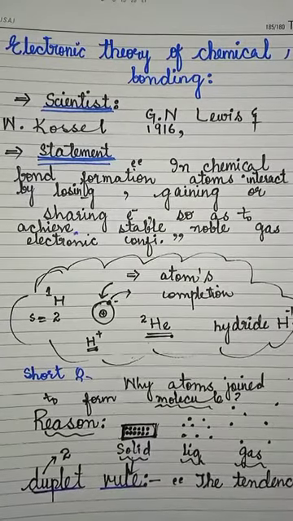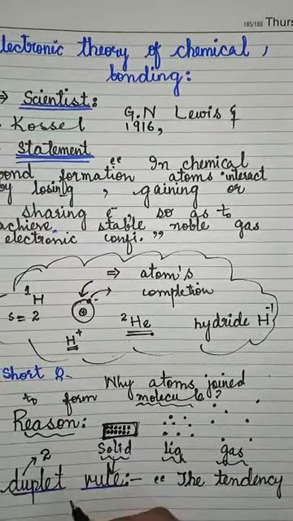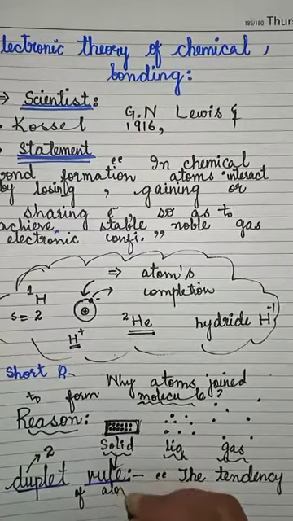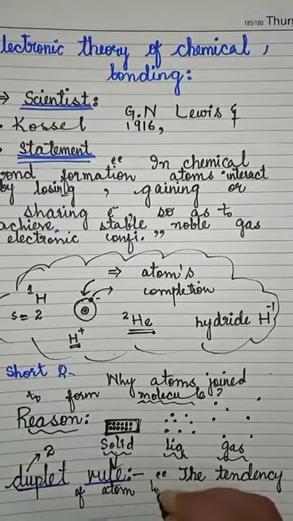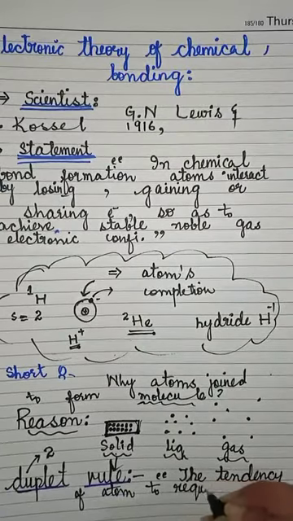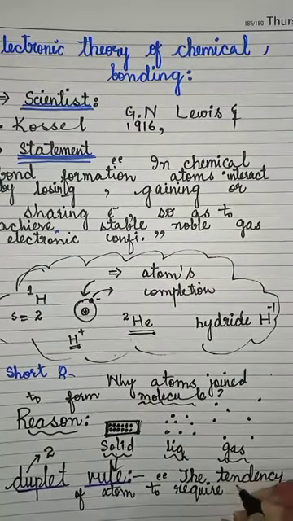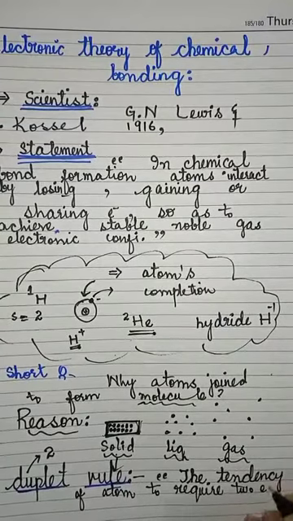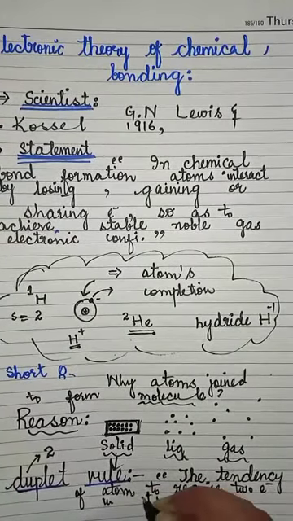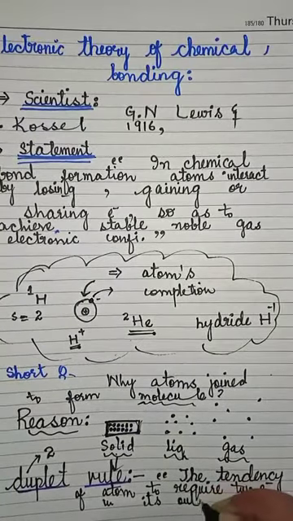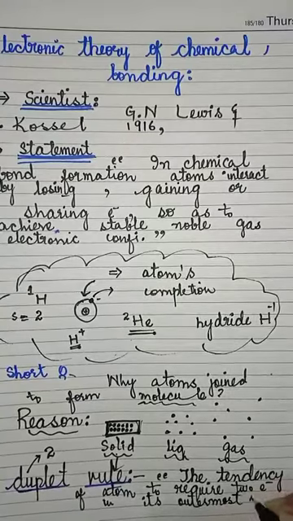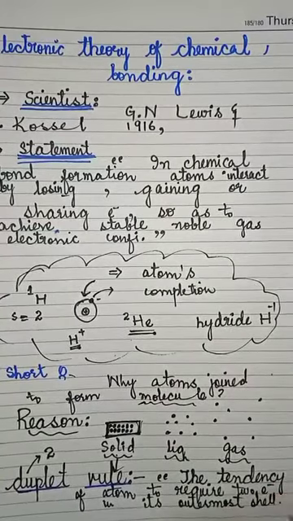The tendency or ability, whatever you want to write it as, the tendency of an atom to require 2 electrons in its outermost shell or the valence shell, right?